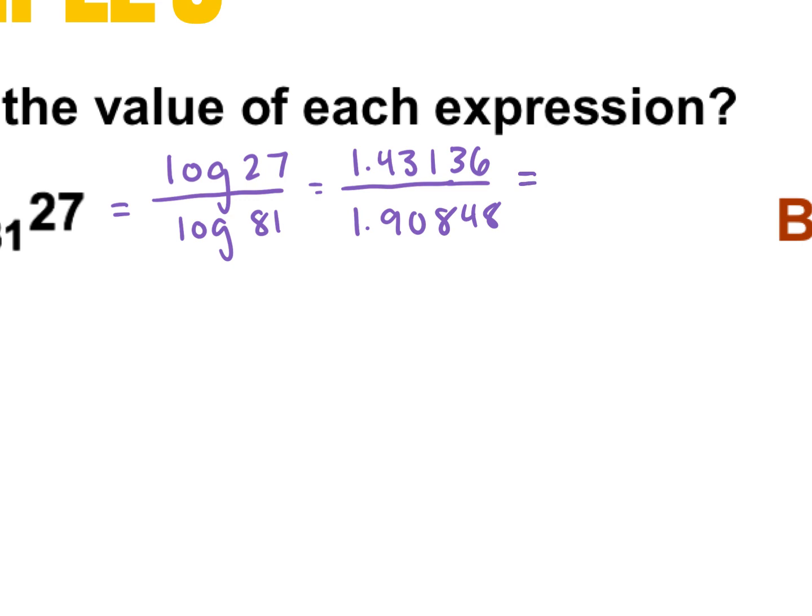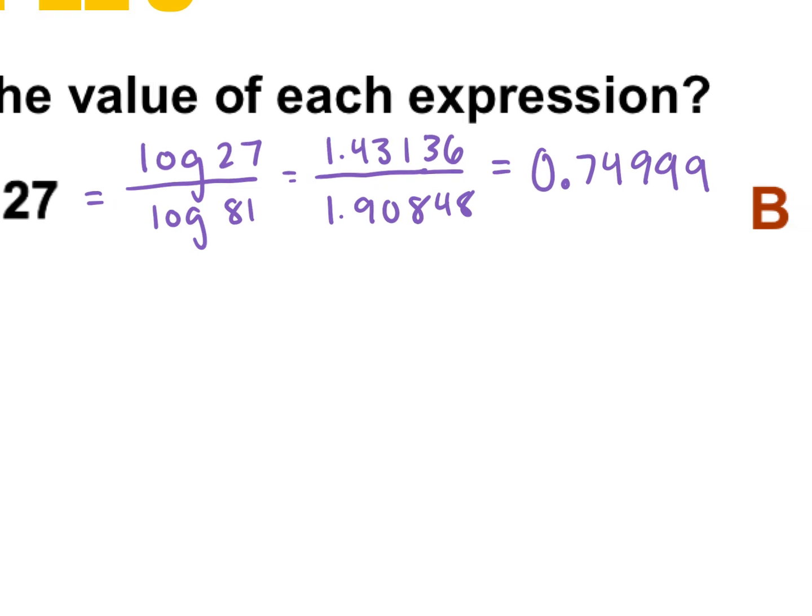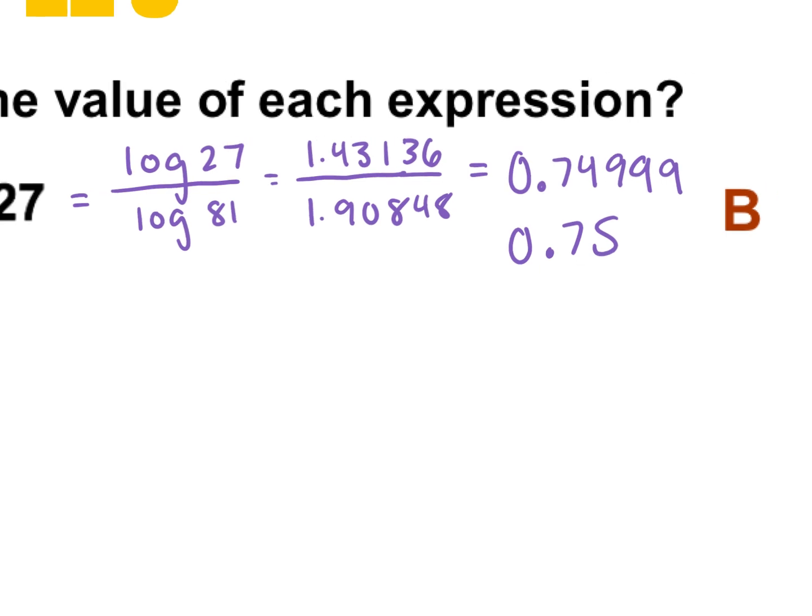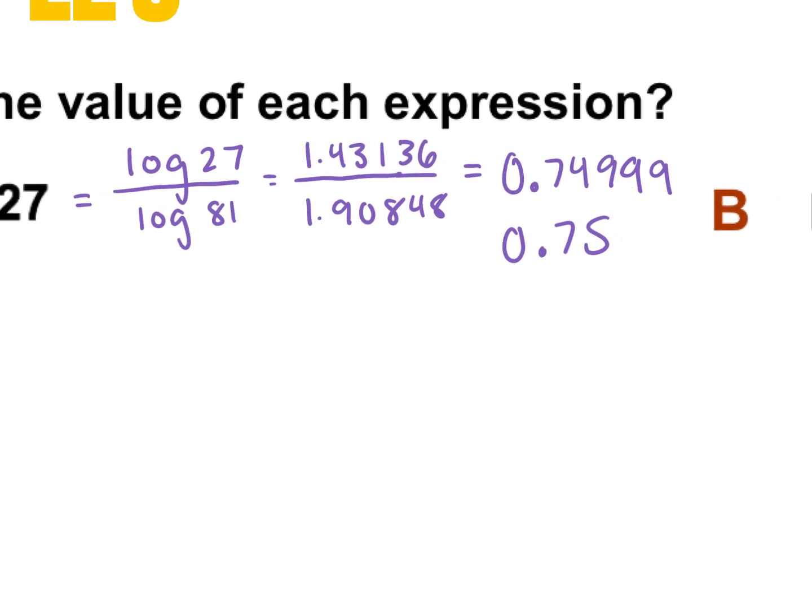So that should give us 0.7499. You could round, or just keep like 4 decimal places. So if you did it all in the calculator together, it probably gave you 0.75. It just rounded it for you. So if you do it in 2 separate steps, you'll get a decimal, but you can just round it.